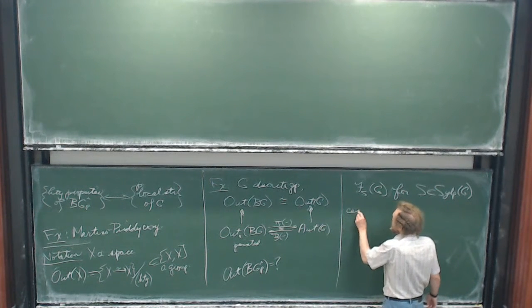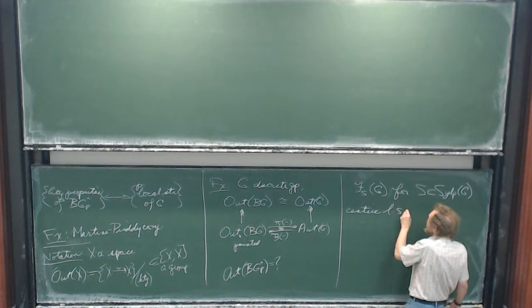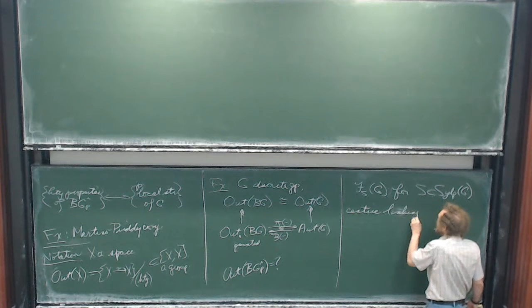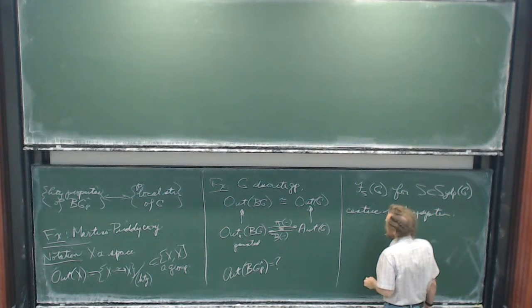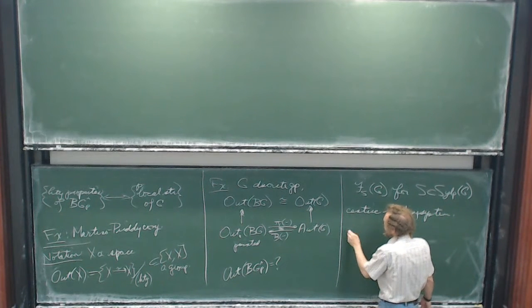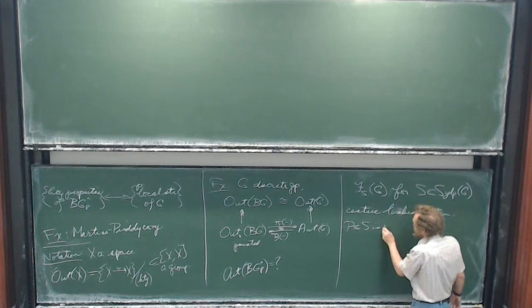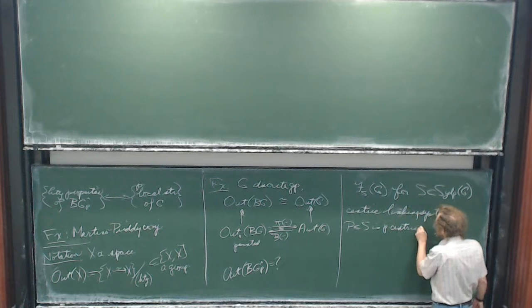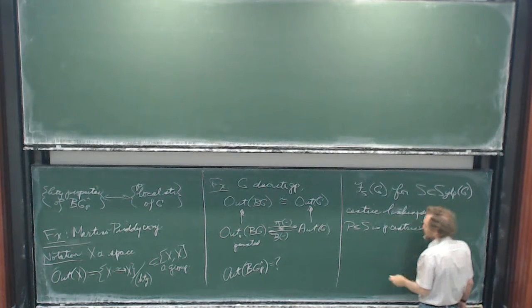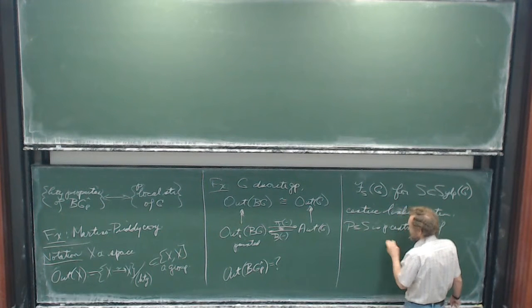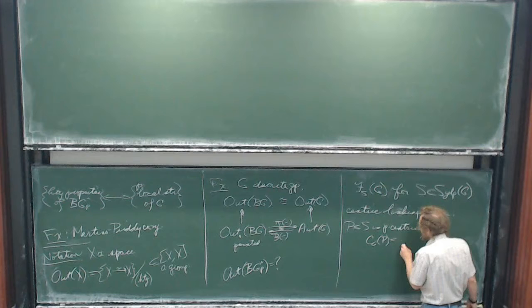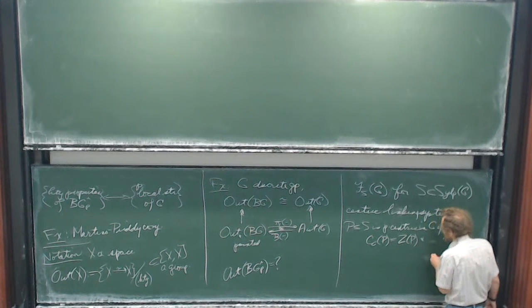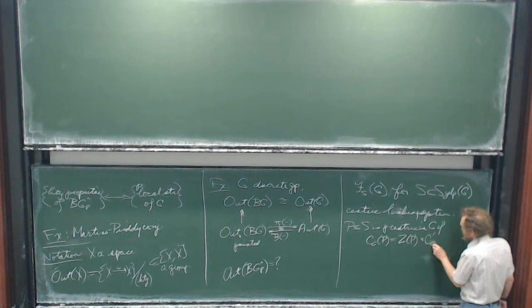So for the centric linking system, well, first of all, we say that P is p-centric in G if, there are different ways of defining it, but the one property that I'll be using here is that the centralizer of P splits as the product of the center of P with a group of prime power order.